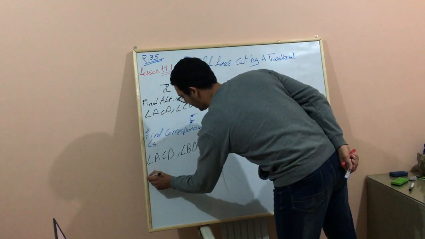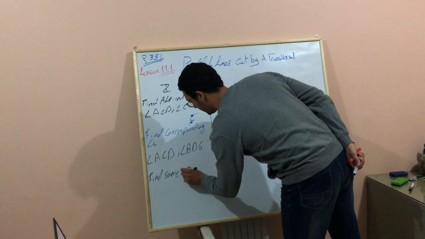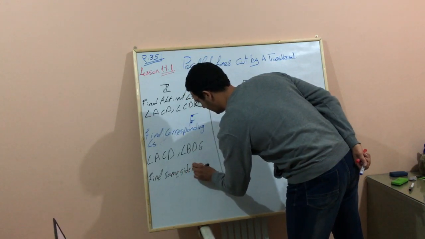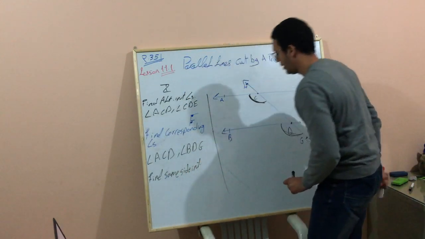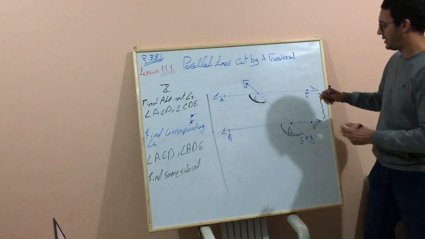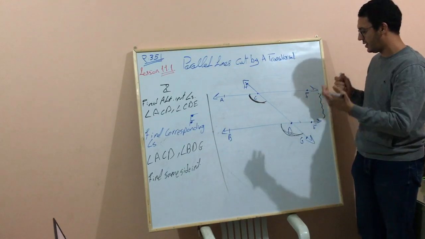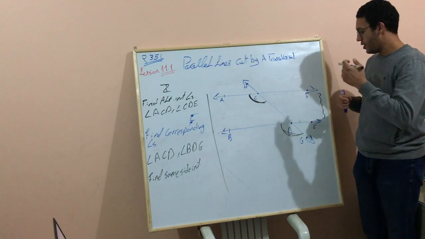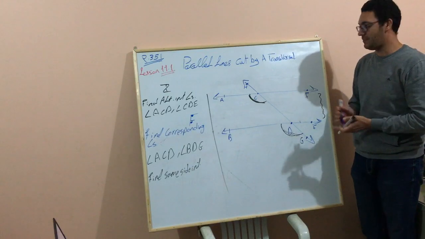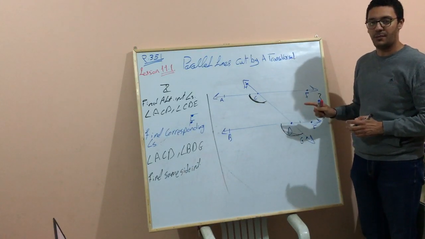ثالث واحدة هي find same side interior angles. Same side interior angles, this means that I'm going to look for two angles that are on the same side of the transversal, either on the left hand side or on the right hand side. وهبتدي اسميهم برضه هما الاثنين، بس هما الاثنين بيبقوا موجودين قصاد بعض والاثنين بيبقوا interior angles مع بعض.